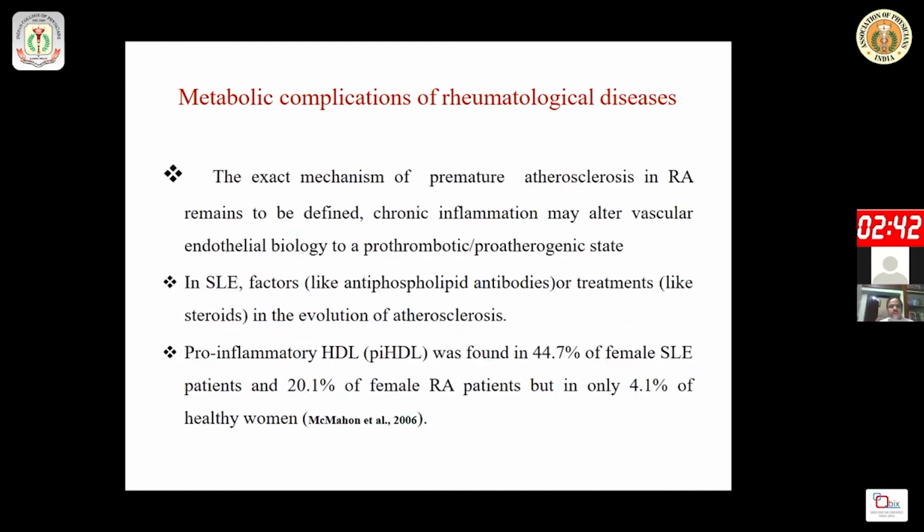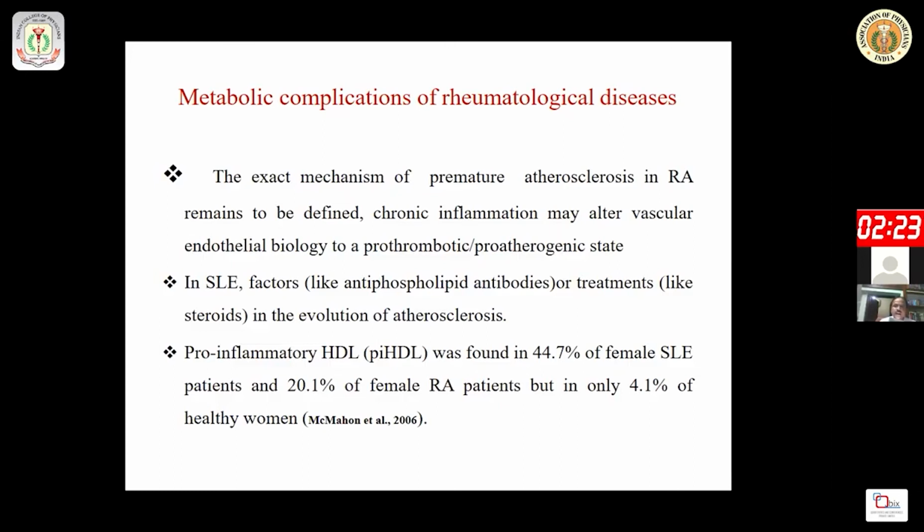So premature atherosclerosis is the main component for the development of metabolic complication in RA, and chronic inflammation is mainly responsible for premature atherosclerosis.